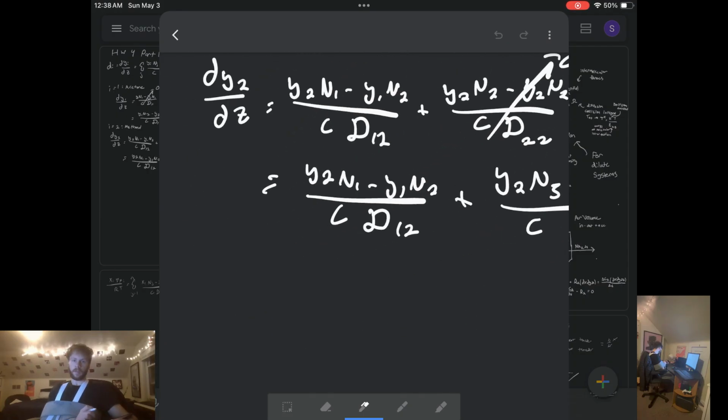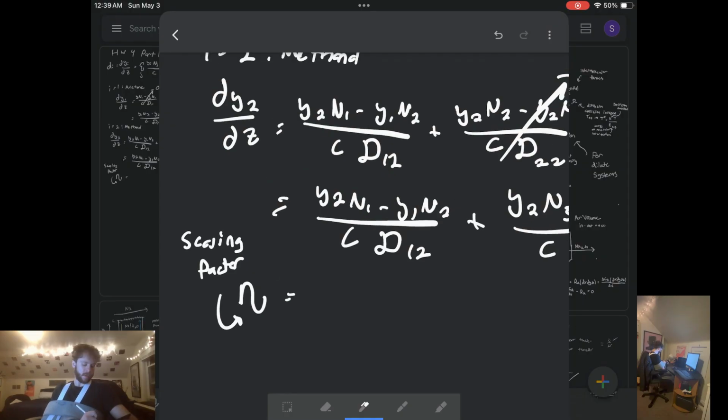So we'll introduce a new variable here, our scaling factor, which is equal to z over delta.